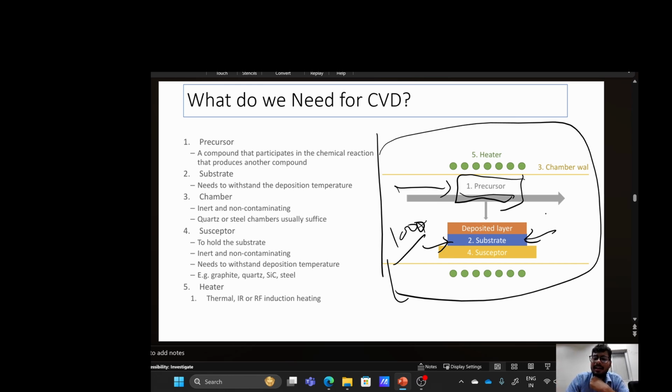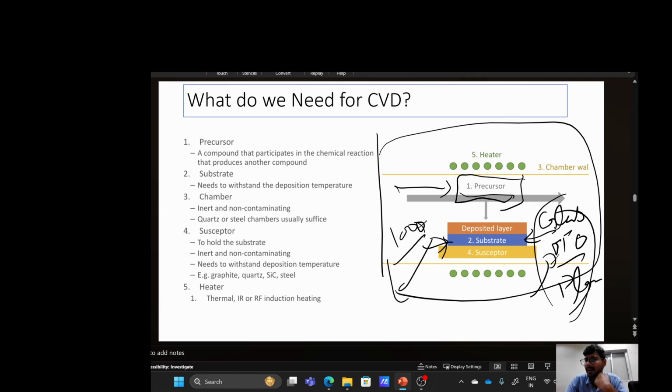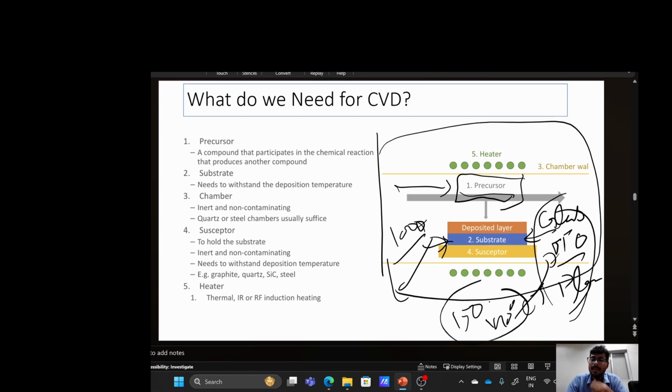So glass, ITO, or plastic substrates cannot be used inside this, because they cannot withstand that temperature. ITO cannot withstand above 400 degrees Celsius. Plastic or PET sheets cannot withstand above 140 or 150 degrees.